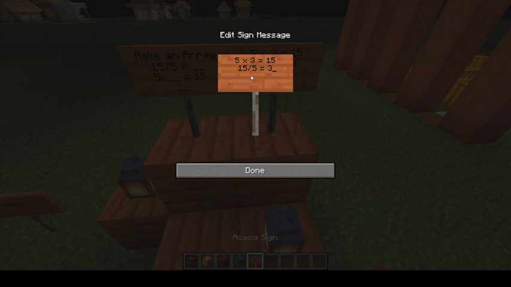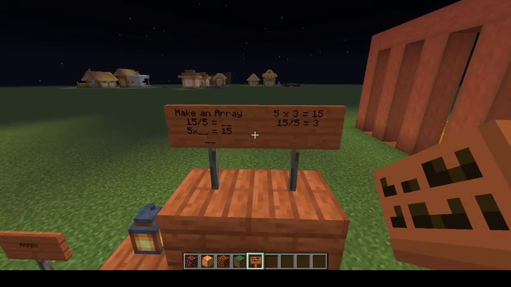So if we divide 15 5 times, we get 3. So if we take 15, hit done.